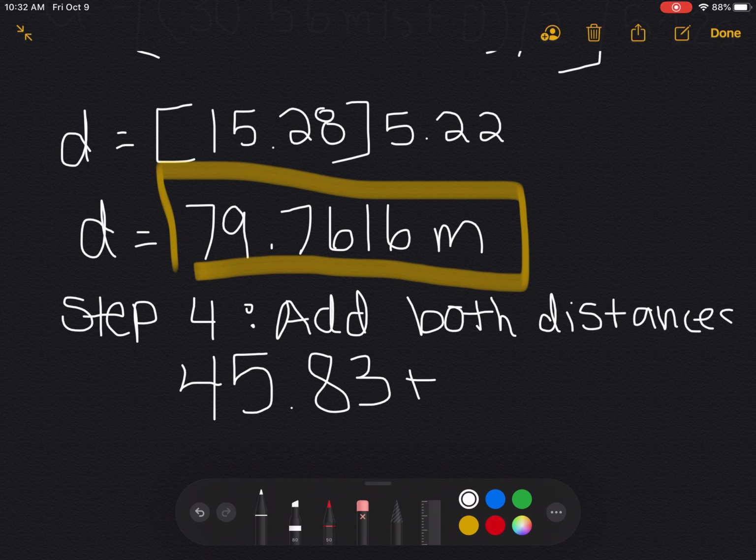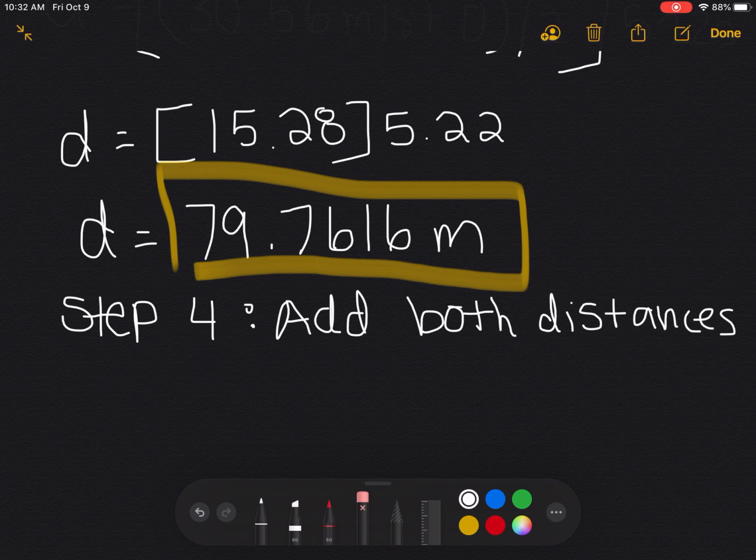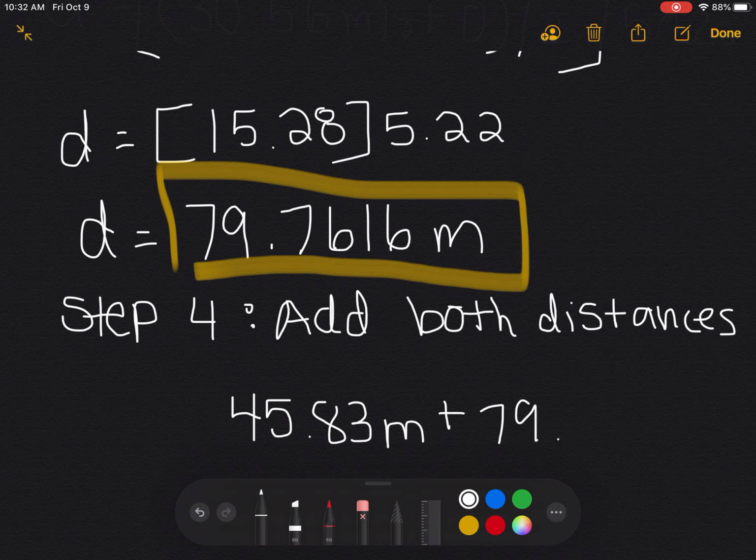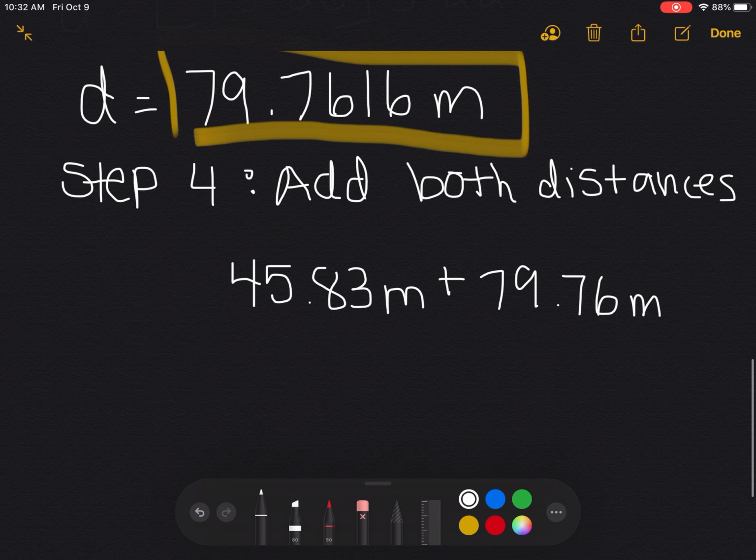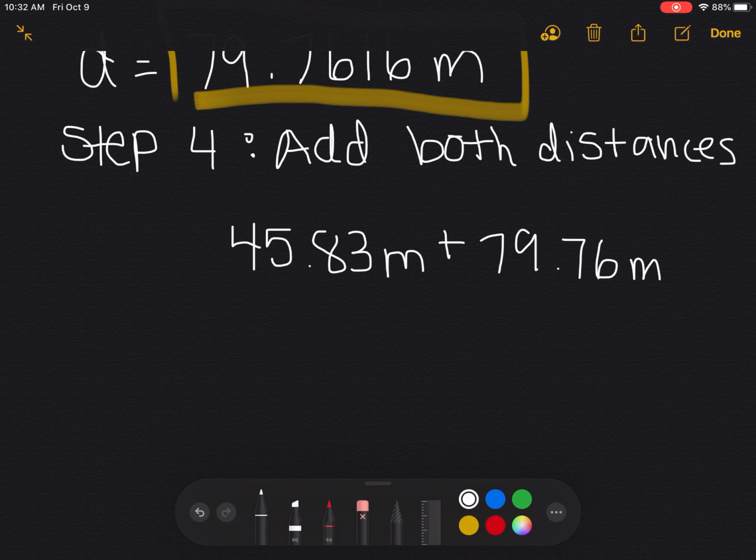So we're going to add both the distances, so I should write this in a better way. That's meters plus 79.76 meters. And if we add those two together, we will get our total stopping distance.